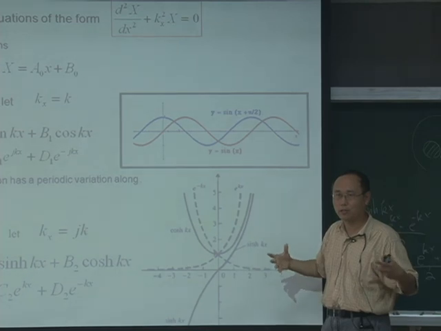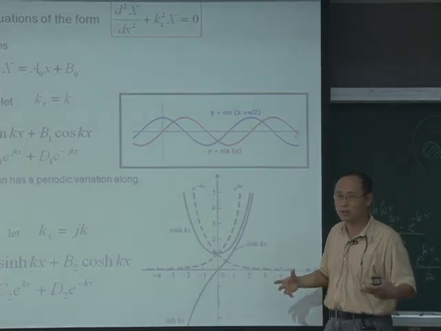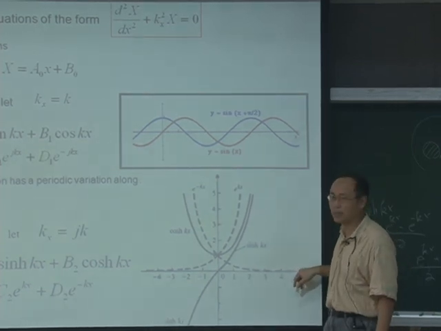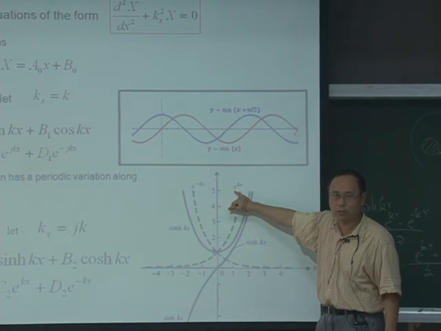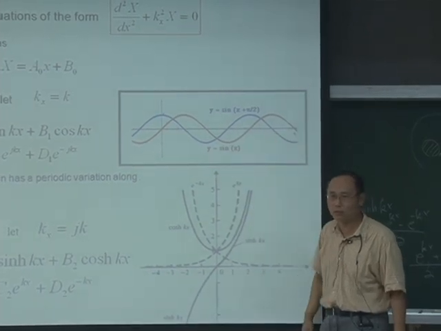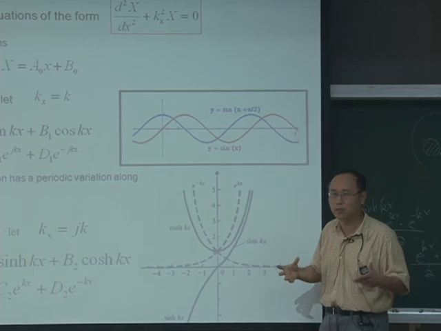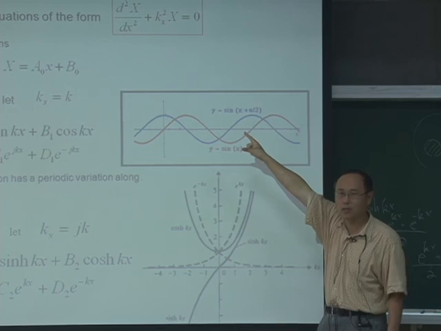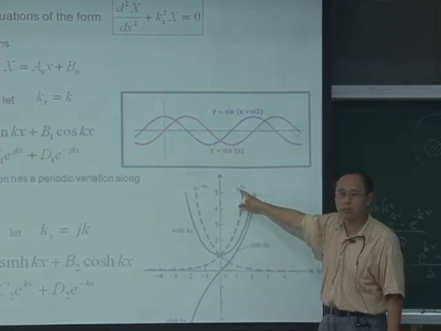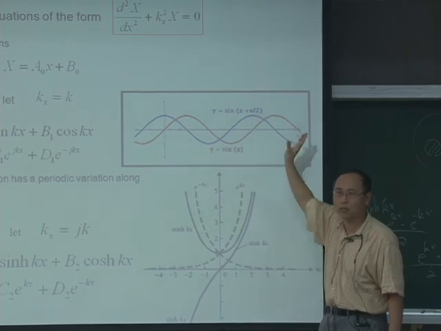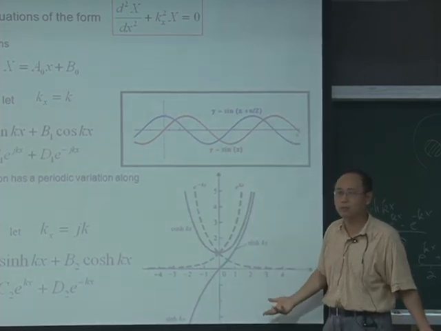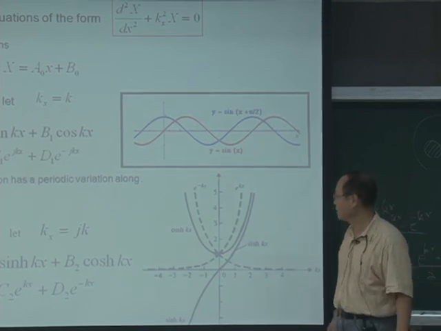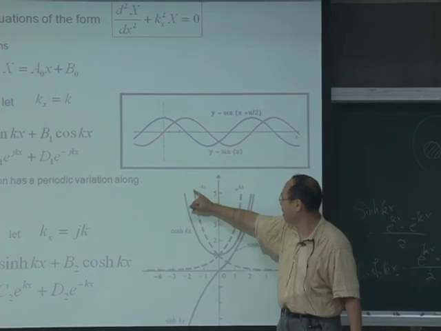So if you have to find a solution in a region that includes a point at infinite, you cannot use this solution because the value is going to diverge. 你如果解一个问题，这个问题的范围包括无限远的那一点的话，那你不能把这个解拿出来用了，因为这个解在无限远给你一个无限大的值，这对有限电荷来讲是不可能的。OK, instead, you have to include a solution that follows this curve.